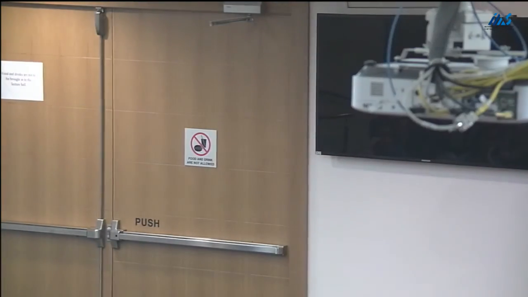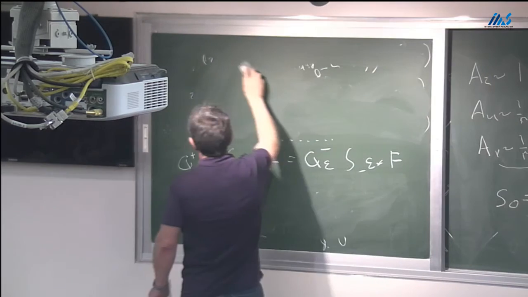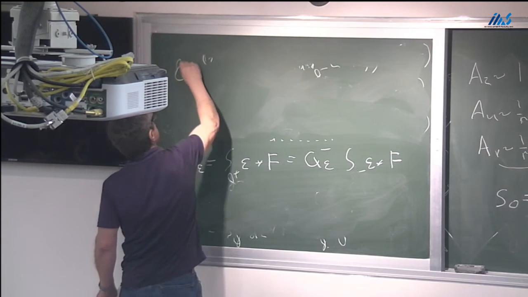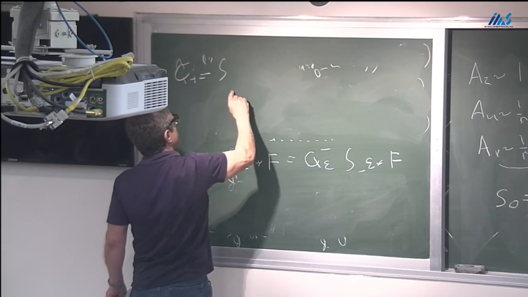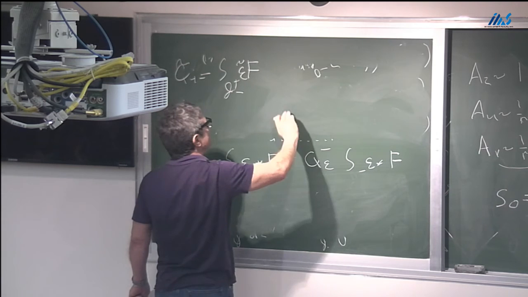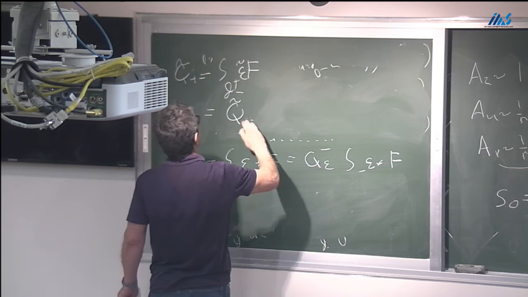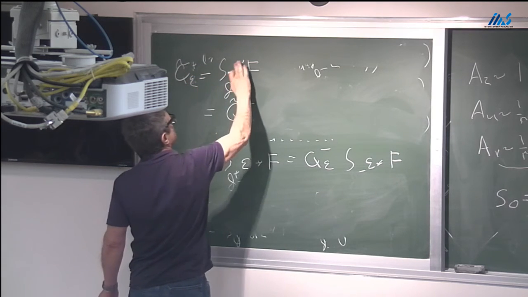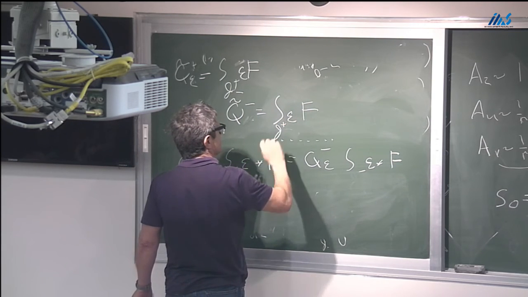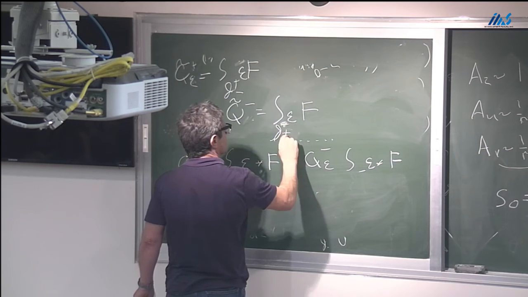But the second infinity, which already follows from the boundary conditions that I wrote here, is that Q tilde plus, which is equal to the integral over scri plus minus of F tilde times any function epsilon tilde, is equal to Q tilde minus, which is the integral over scri minus plus of the same.